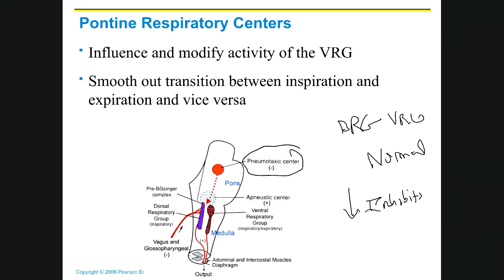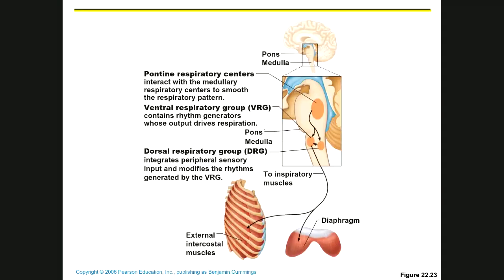It stimulates breathing so that you breathe deeper and you breathe faster. So DRG, VRG, and then here, this is that apneustic and pneumotaxic. Any questions?